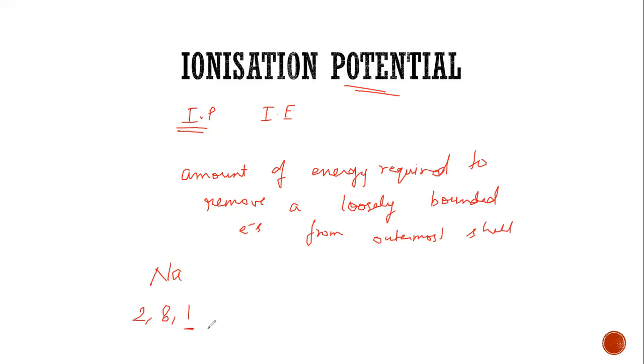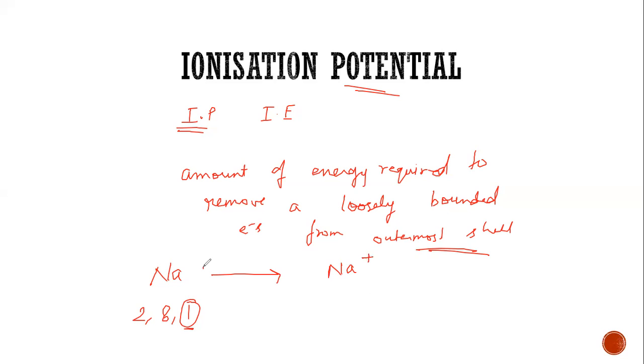So this is the one electron in the outermost shell. It means the amount of energy required to remove this electron from the neutral gaseous atom and convert it into a positively charged gaseous ion is known as the ionization energy or the ionization potential.